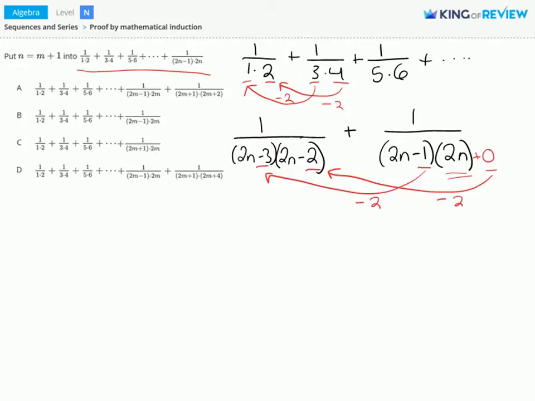Our next step is to substitute an m plus 1 for n. So wherever we see an n, we're going to replace it with an m plus 1. So let's do that. We have 1 divided by 1 times 2, and this pattern continues.